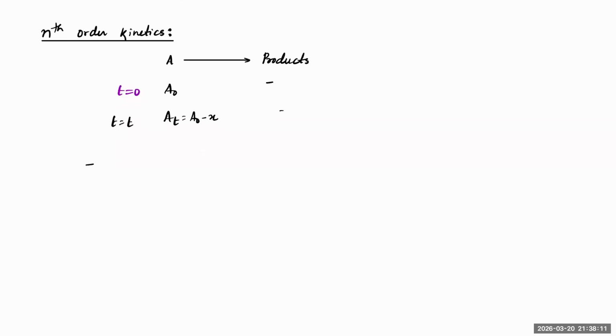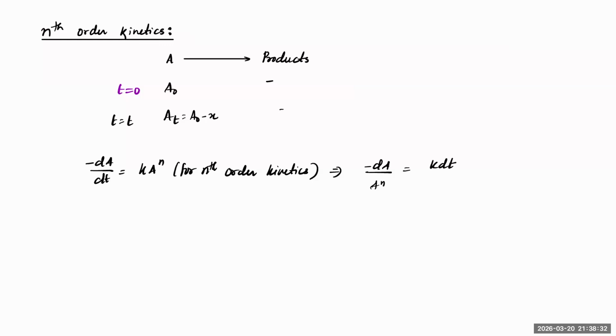So now minus dA by dt is equal to k into A raised to power of n for nth order kinetics, which implies minus dA by A raised to power of n is equal to k into dt.